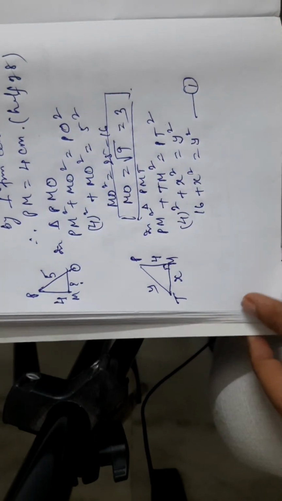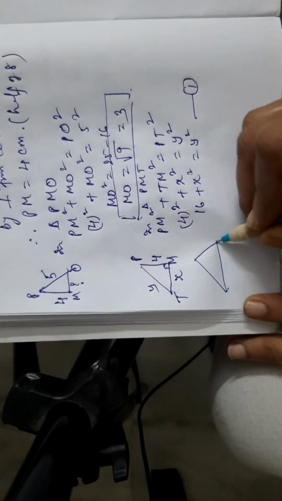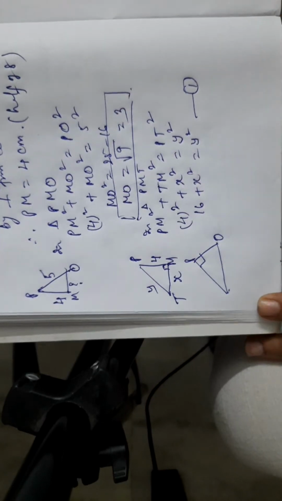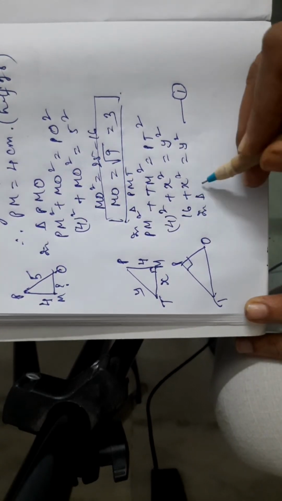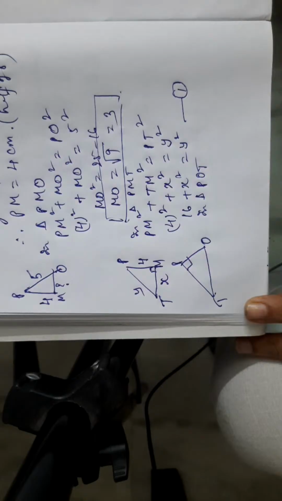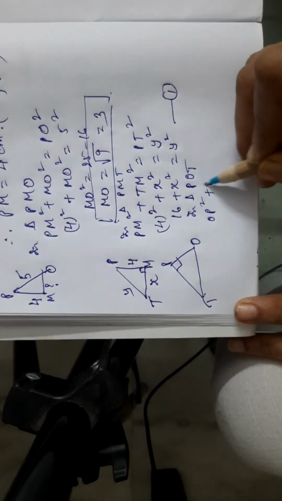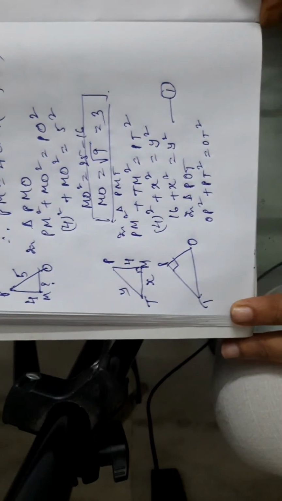Now finally dealing with the third triangle, where the right angle is at point P. O is the point of contact, P is perpendicular and T. So now in triangle POT, OP square plus PT square is equal to OT square.